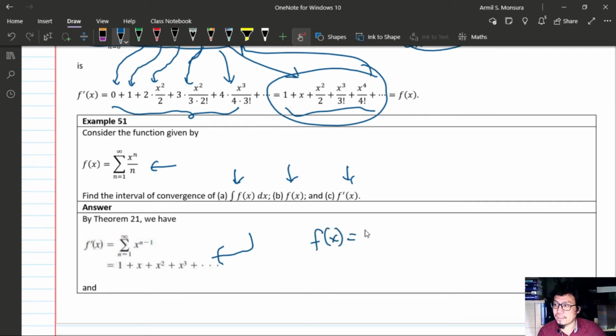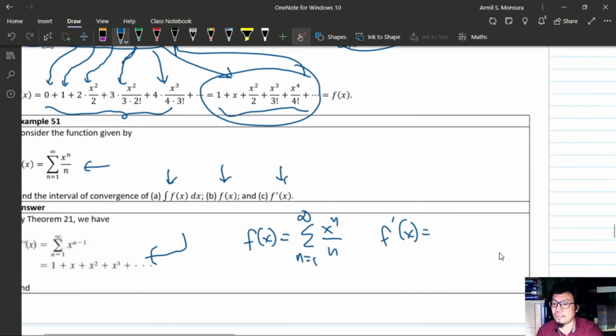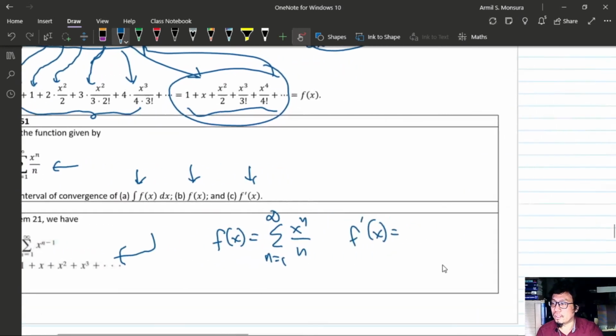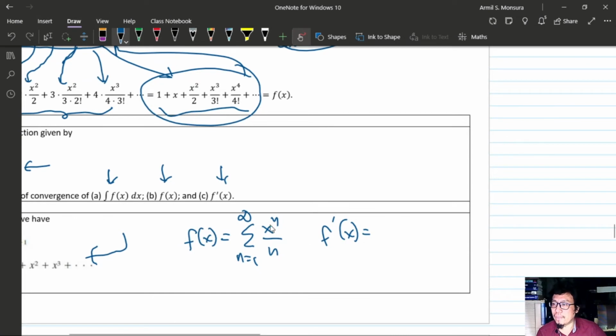If your f of x is the sum of x raised to n over n, for n equals 1 up to infinity, its derivative is obtained by bringing down n here. So that's the summation of n times x raised to n over n.